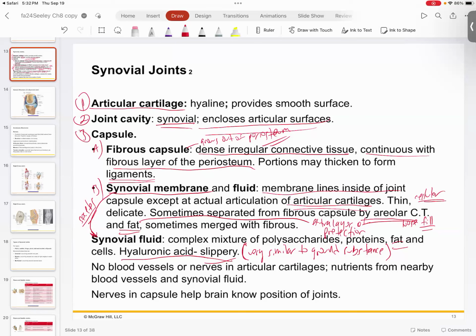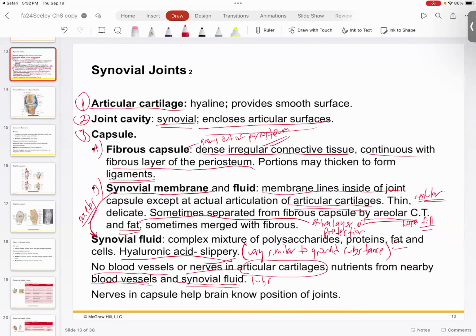Generally speaking, however, there's no blood vessels, remember, or nerves in your cartilage. We already went over that one when we went through the cartilage section. It's avascular and aneural. And so the nutrients, in order to feed these cells, have to diffuse from nearby blood vessels and they have to infiltrate the synovial fluid. So the synovial fluid does a couple of things, right?